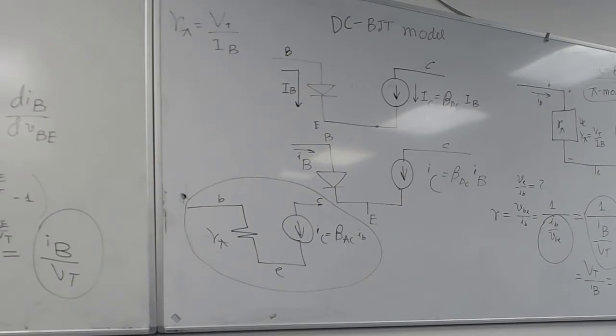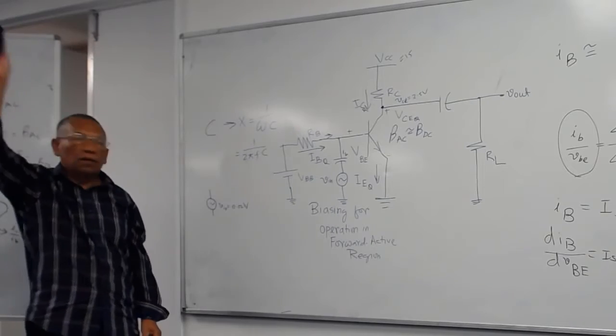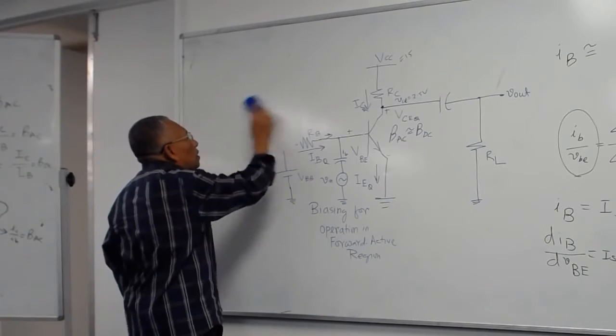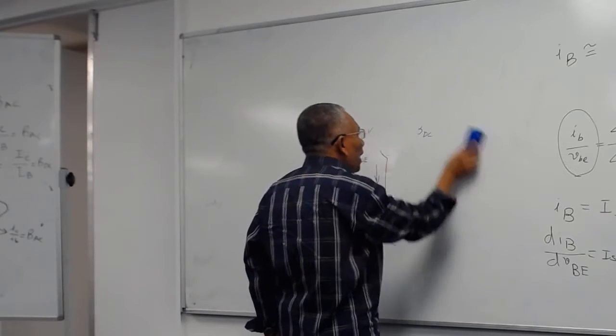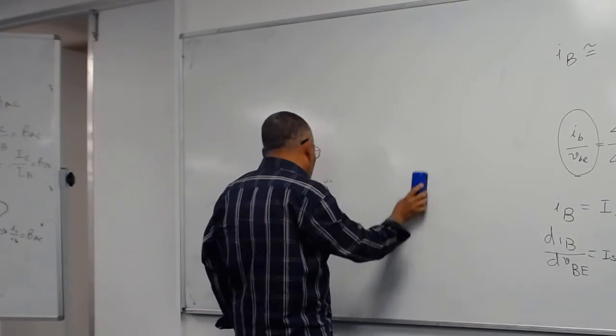Okay. Now I need a little bit more space. I don't want to erase all of this. Maybe I'll erase something here. We'll draw it again on Monday, when you start doing AC analysis.